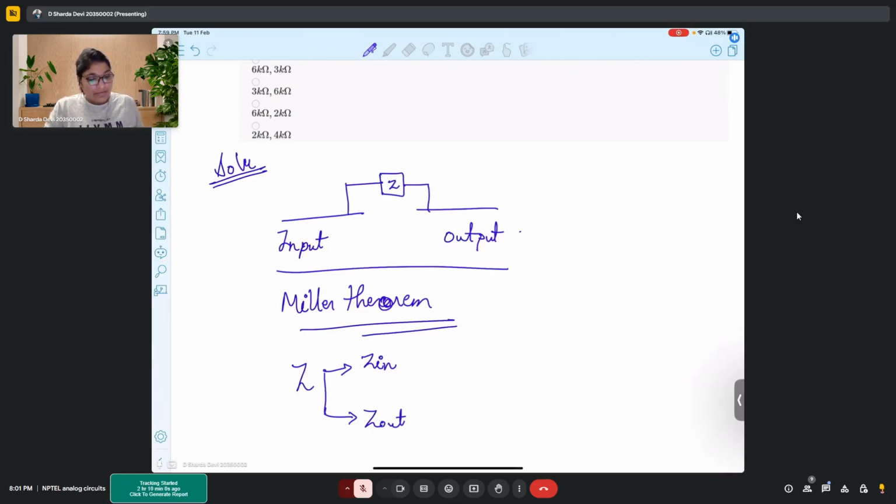This value will depend on Z, the value of the component, times 1 minus A, that is the gain of the system. Similarly, Z out is given by Z times 1 minus 1 by AV.